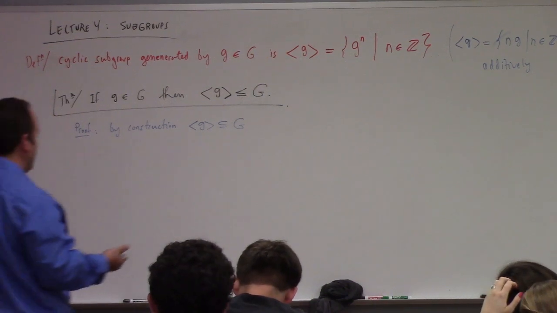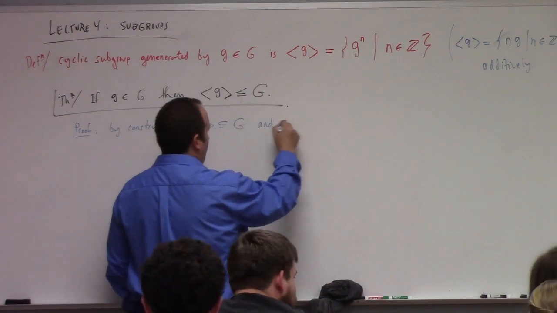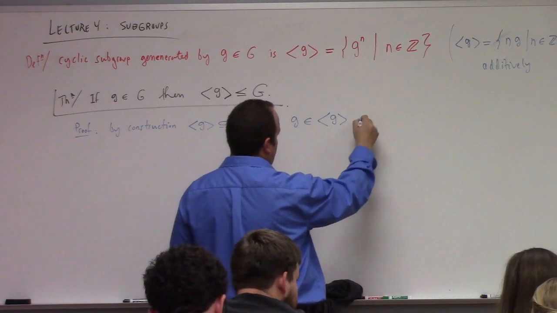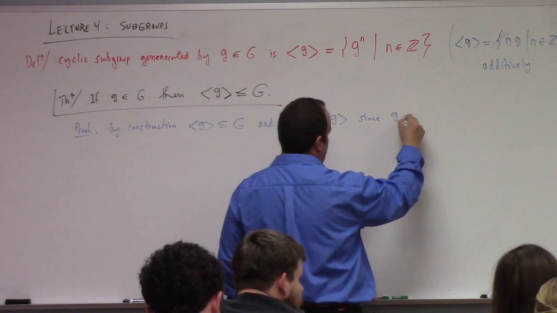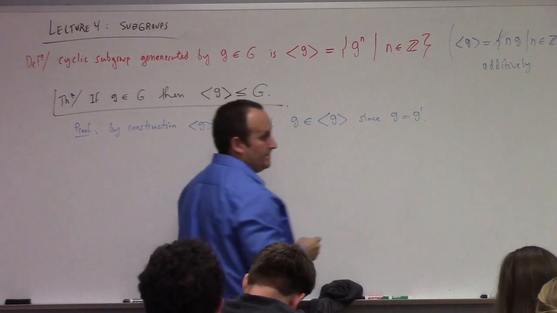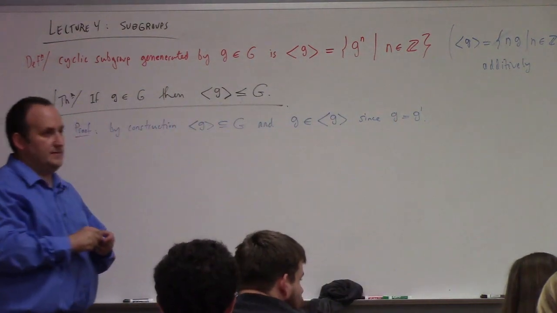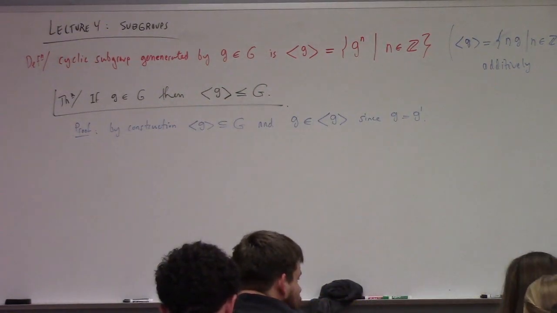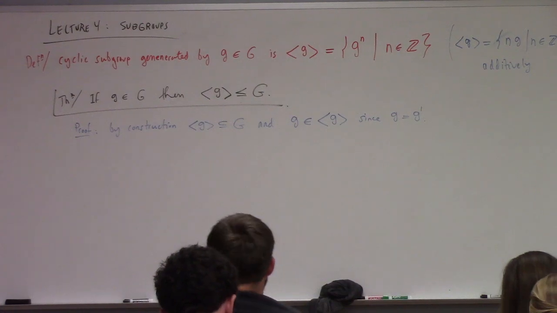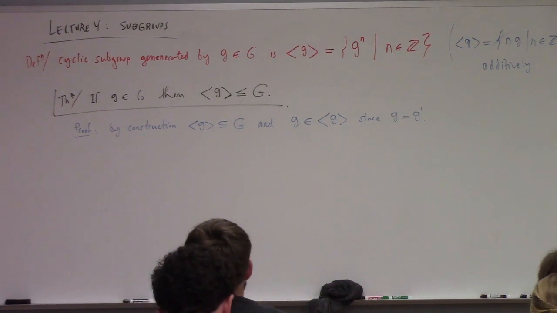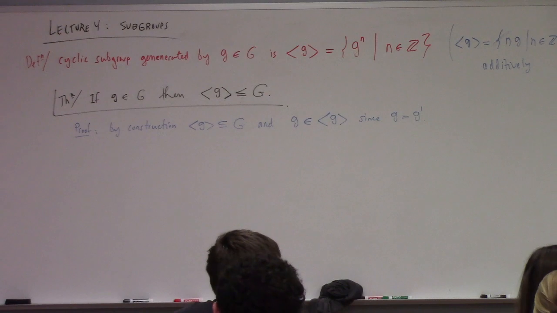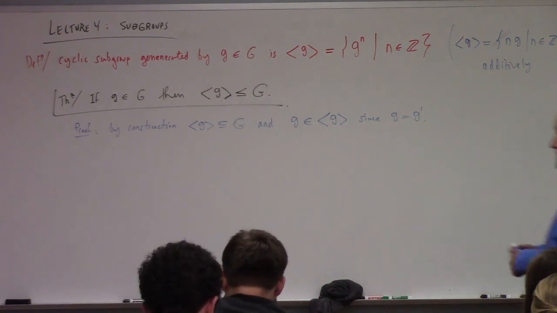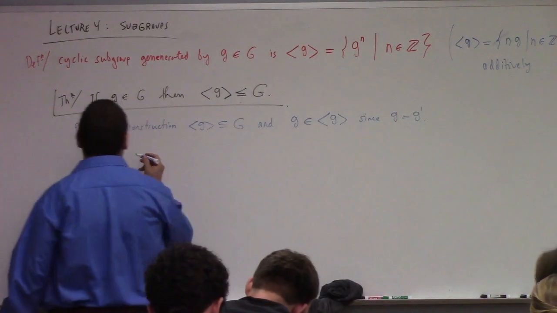Is it non-empty? How about g? g is an element of this subgroup, right? Since g equals g to the 1. So it's definitely non-empty. So let's suppose we have x and y in Langle g Rangle.